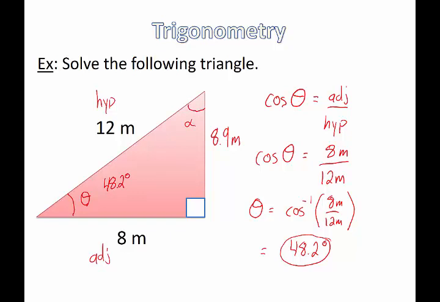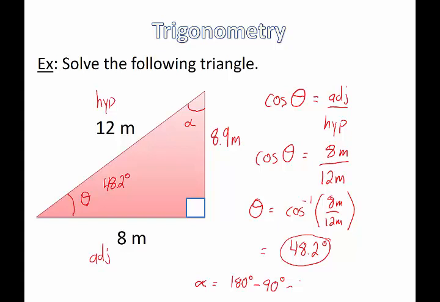And now the only thing left to solve on this triangle is the third angle, which I'm going to call alpha. What we have to remember is that in every triangle, all the angles add up to 180 degrees. So to find alpha, that unknown third angle, we take 180 degrees, that's all the angles in the triangle, and minus what we know. One corner is the right angle, which is 90 degrees.